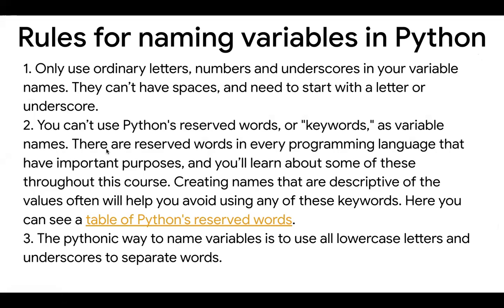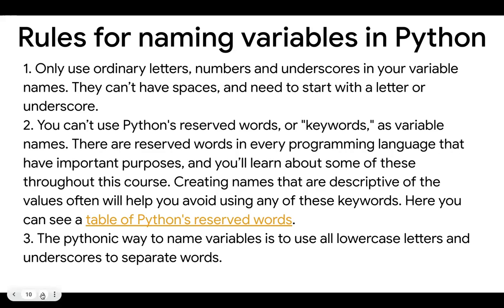In Python, there are reserved words, but as we learn, you will encounter more reserved words, and you will understand what names for variables you cannot use. And sometimes Python can accept a variable name, but it's not a Pythonic way to name the variable in a certain way. So the Pythonic way to name variables is to use lowercase letters and underscores to separate words.